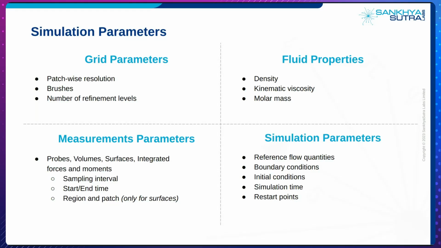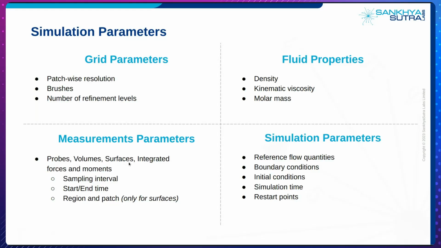We offer 4 different kinds of measurement solutions. The first one is probes, where you can select certain points to plot the time history of quantities of interest at. Volume measurements are where your entire simulation domain gets printed at selected time instances.